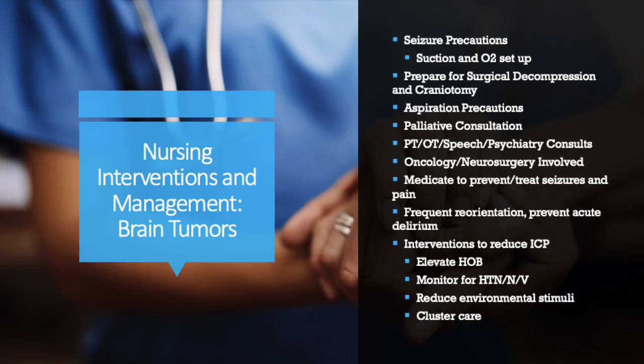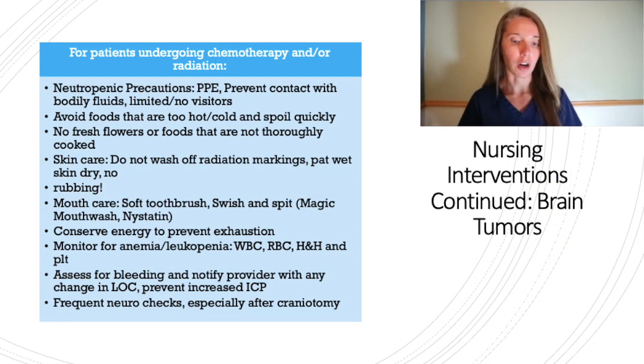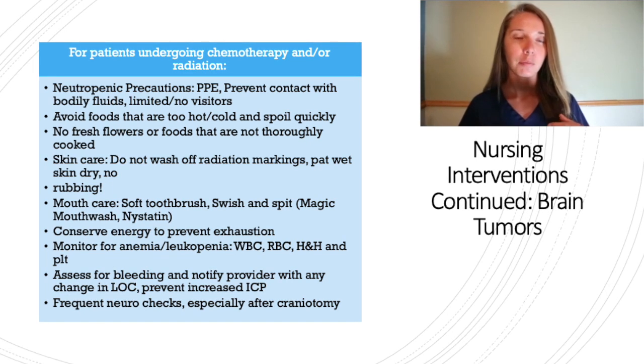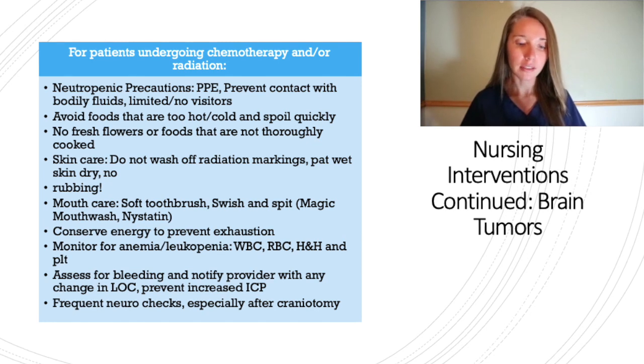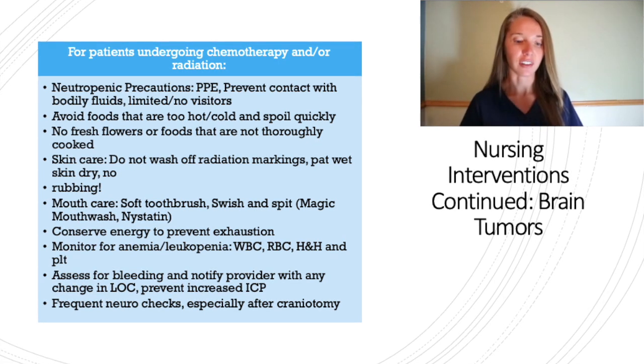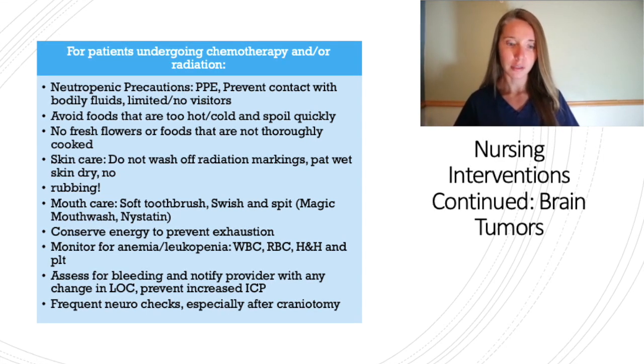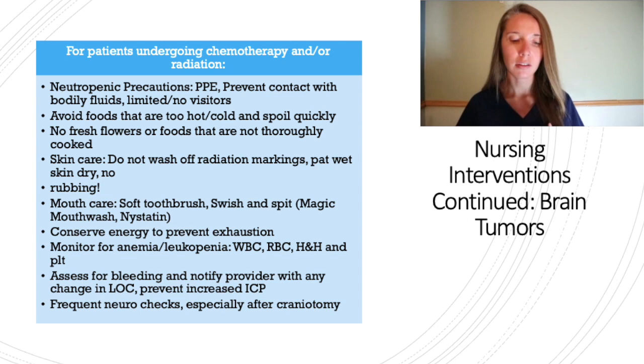If your patient does have a malignant brain tumor that requires chemotherapy or radiation or both, you want to maintain neutropenic precautions, right? You want to wear the appropriate PPE, prevent contact with bodily fluids that are contaminated with radiation or considered radioactive. You may need to limit visitors for this patient who is immunosuppressed.